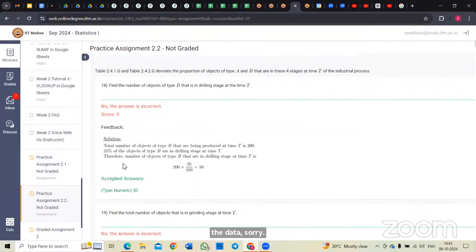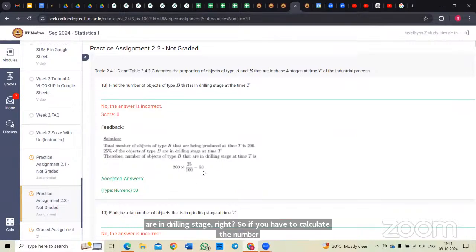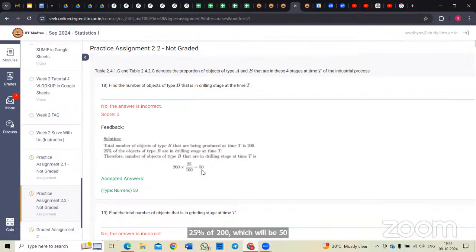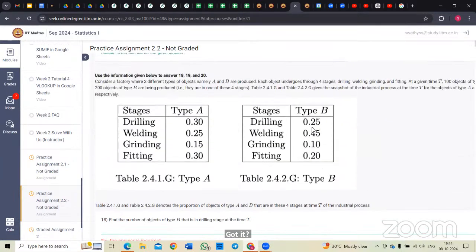So to calculate the number of objects, it will be 25% of 200, which is 50.